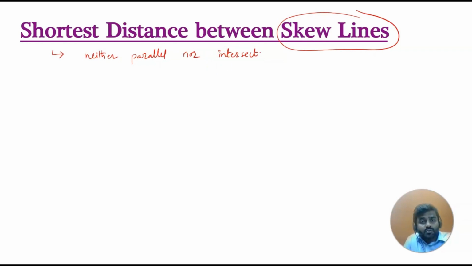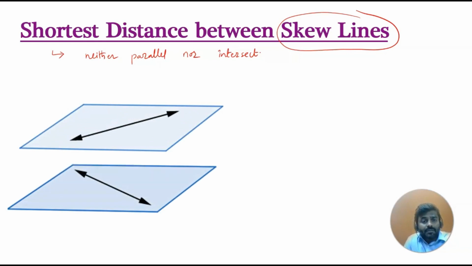Now consider 2 skew lines. Here I am taking 2 lines which are neither parallel nor intersect. So line 1 can be written in the Cartesian form (x minus alpha 1) by a1, (y minus beta 1) by b1, (z minus gamma 1) by c1.